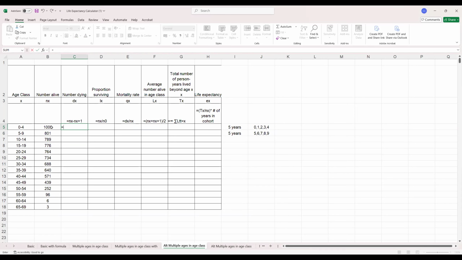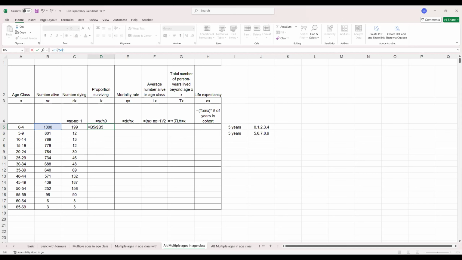So number of dying, 1,000 minus 801. 801 minus 789. 789 minus 776. And then again, you can drag and drop to copy paste. Proportion surviving equals n sub x divided by the number that was born for that generation.